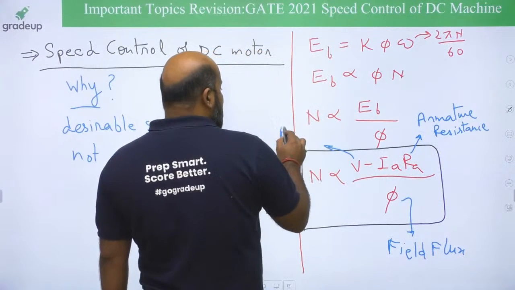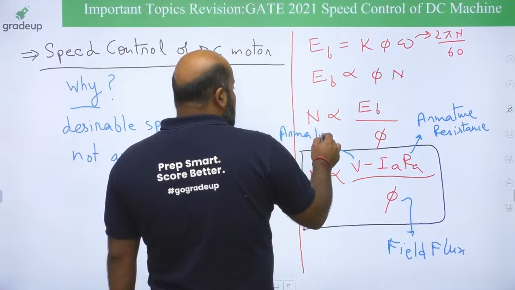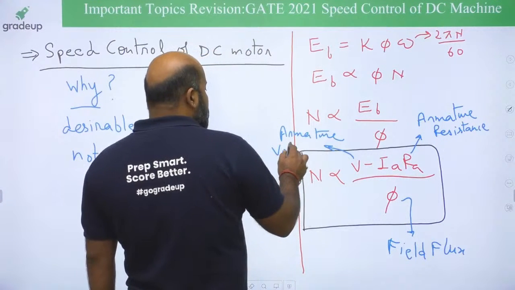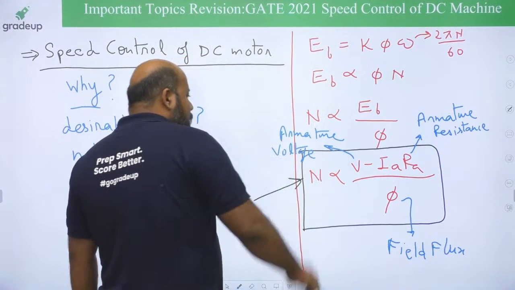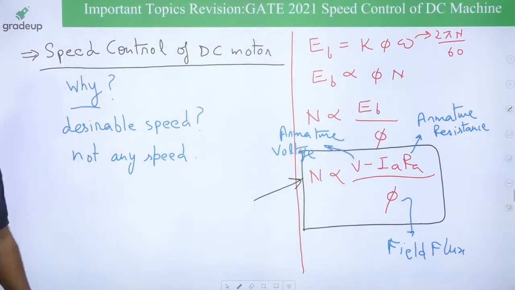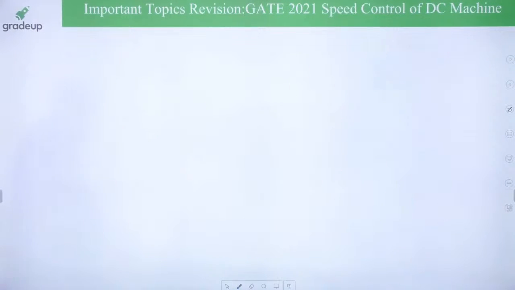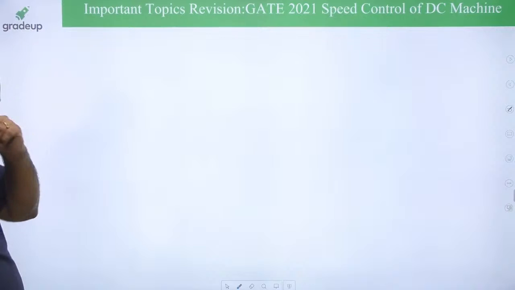Number 3, armature voltage control. So basically these 3 methods you are going to use for controlling the speed of your DC motor. Is it clear for everyone? Tell me yes or no.